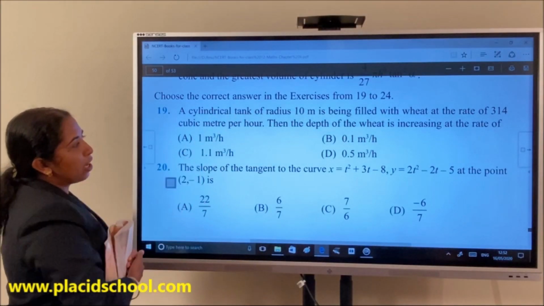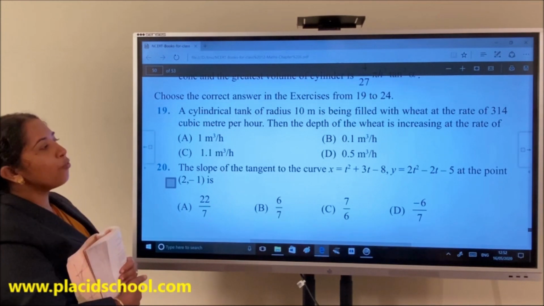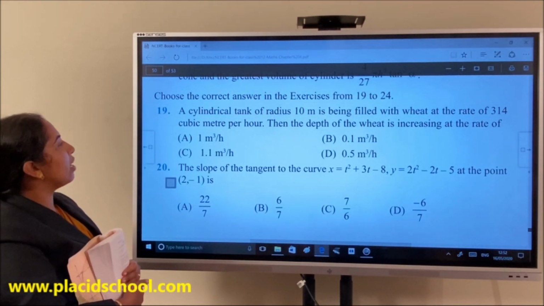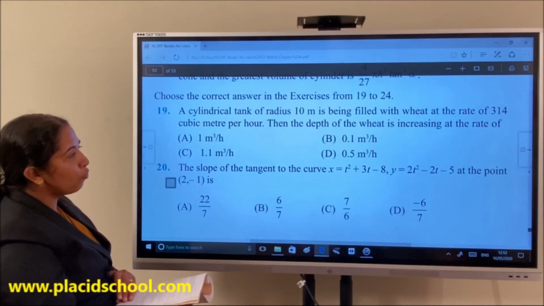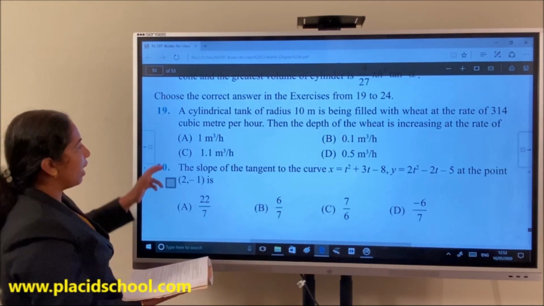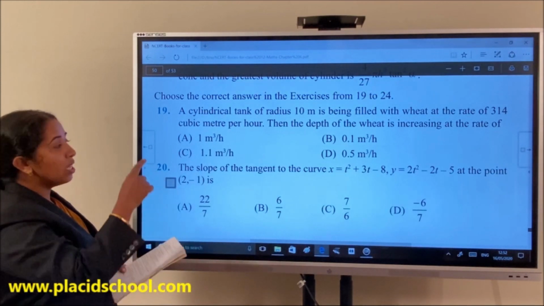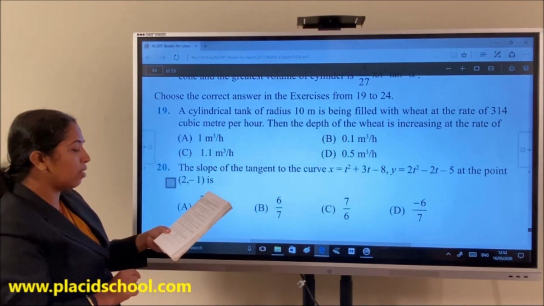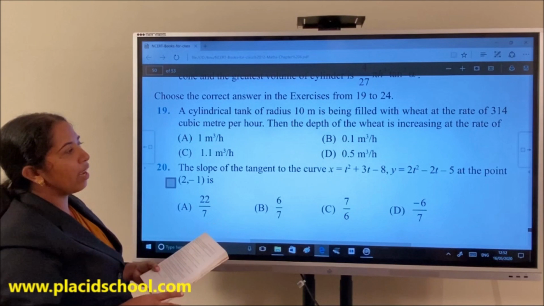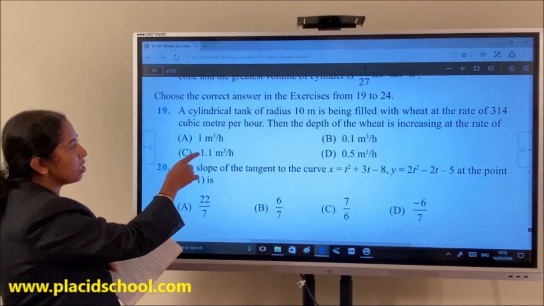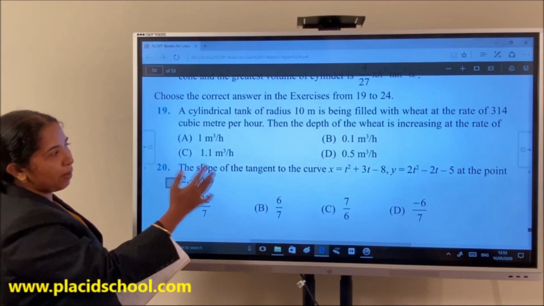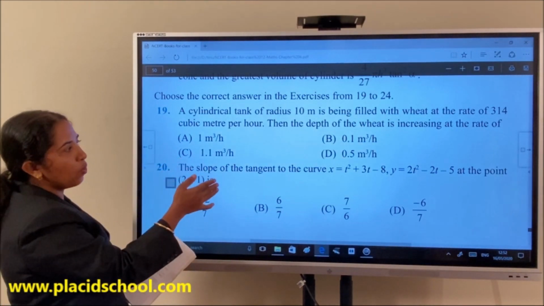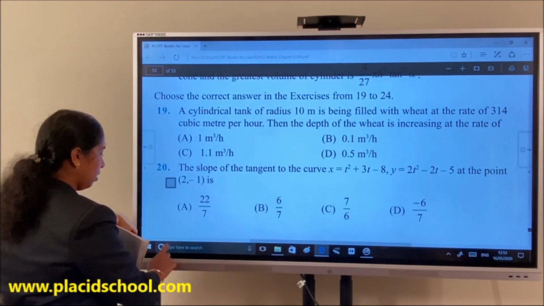A cylindrical tank of radius 10 meters is being filled with wheat at the rate of 314 cubic meters per hour. Then the depth of wheat is increasing at the rate of, options are given. We have to find the rate at which the depth of the wheat is changing.